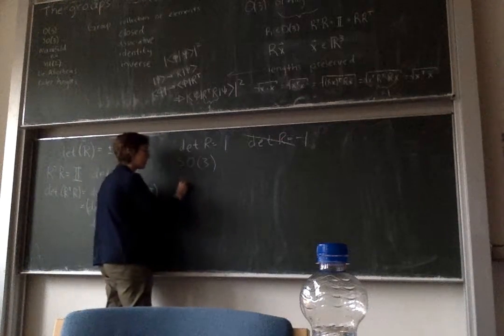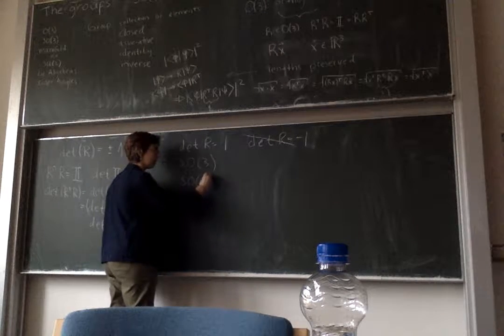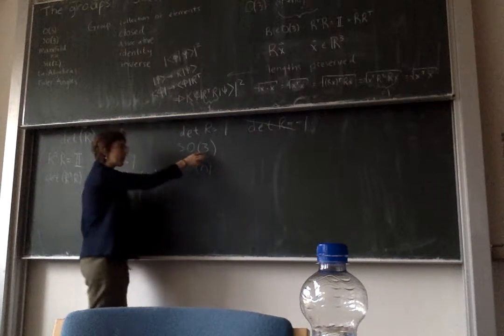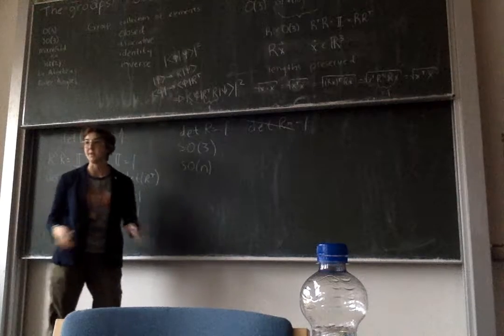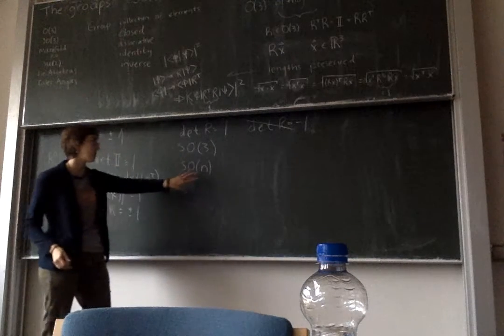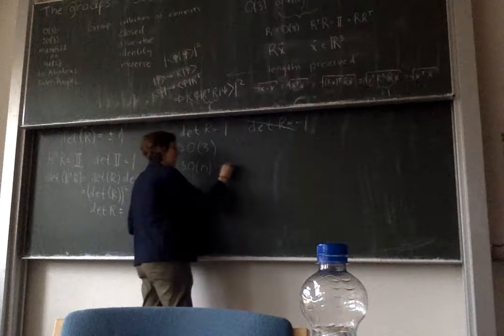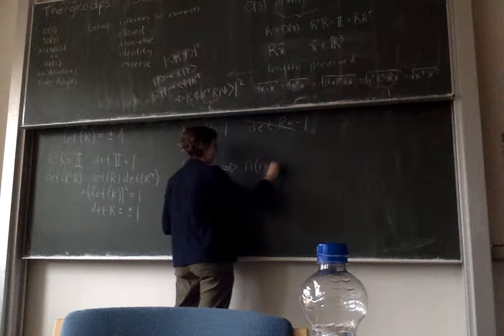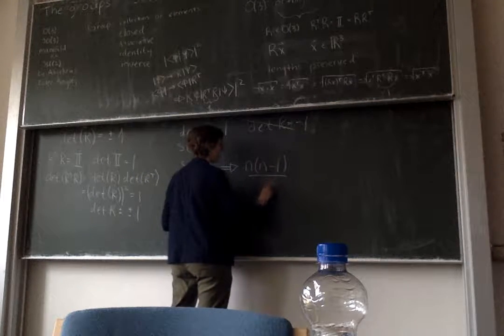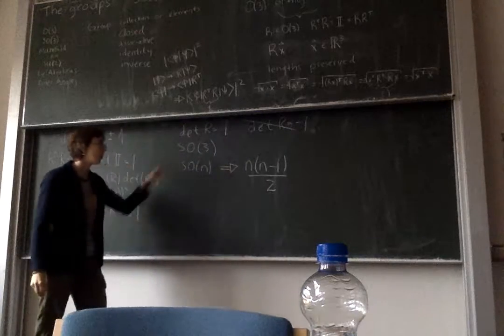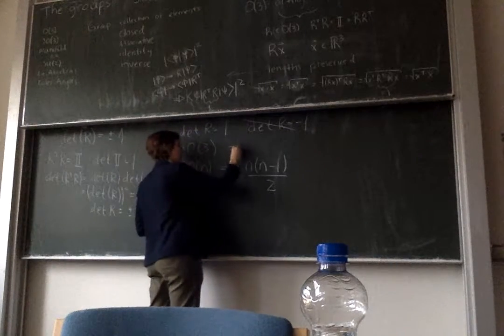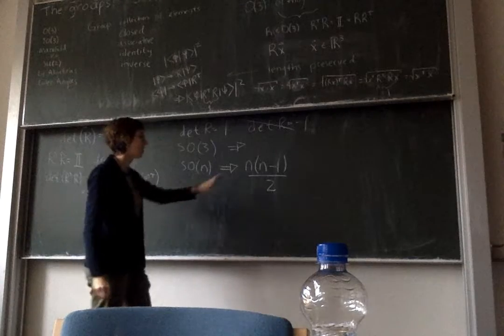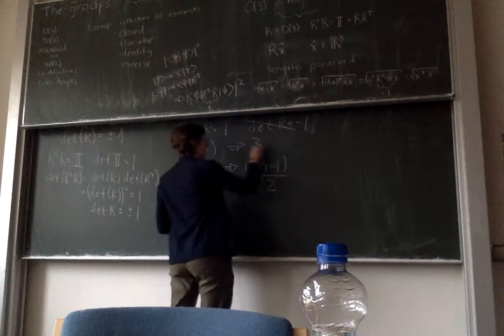The SON structure: this means 3x3 matrices, there are other dimensions of matrices. So this SON structure depends on n times n minus 1 over 2 parameters. So SO3 depends on 3 parameters, since the 2's cancel.